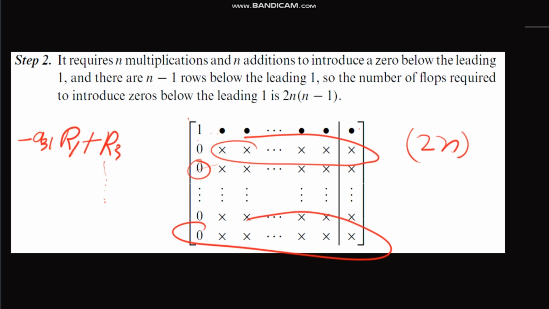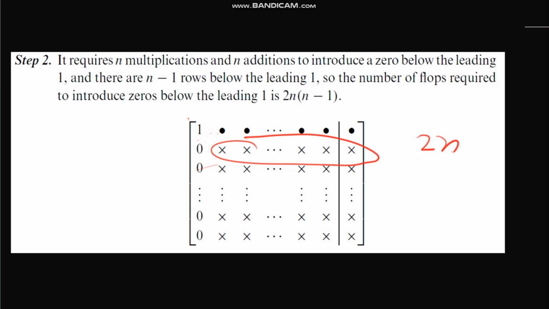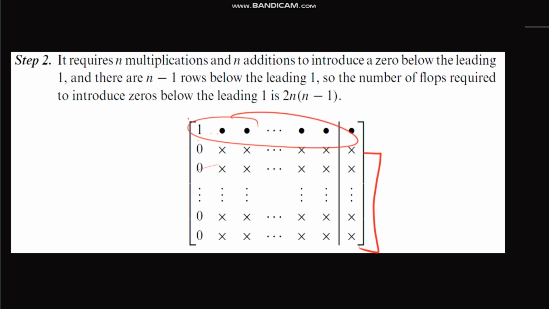So how many such rows are there? First row we are not counting, because we have already done it. How many remaining rows are there? Total number of rows is n, so below the first row there are n minus 1 rows.